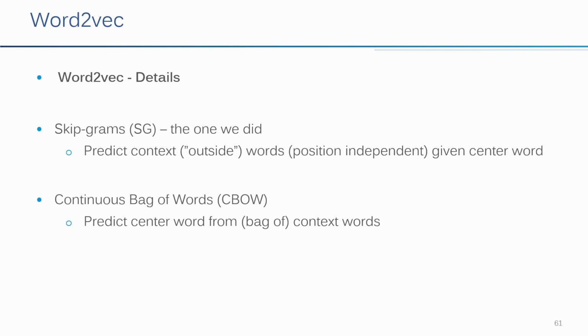There is a lot of debate about which algorithm works better. The thing is, it really depends on the task. At least this is my personal experience with that. Depending on the task that you're using, skipgram is better. Depending on the task that you're using, continuous bag of words is better. When I was working with this closely, on tasks that were more related to syntax, continuous bag of words did well for my scenario.